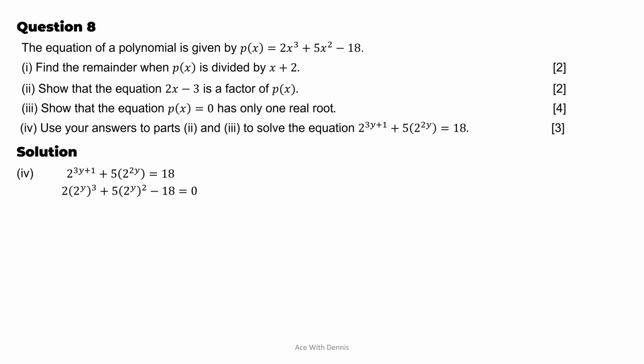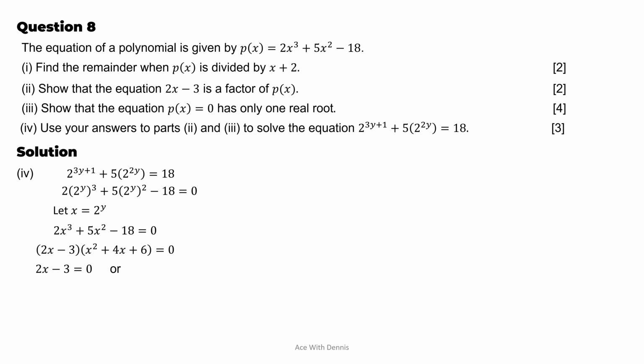We need to rearrange it to this form so that when we let x equal 2 to the power of y, the equation can be rewritten as 2x cubed plus 5x squared minus 18 equal to 0, which is the same equation as p(x). So we can immediately factorize this equation, which is 2x minus 3 times x squared plus 4x plus 6 equal to 0.